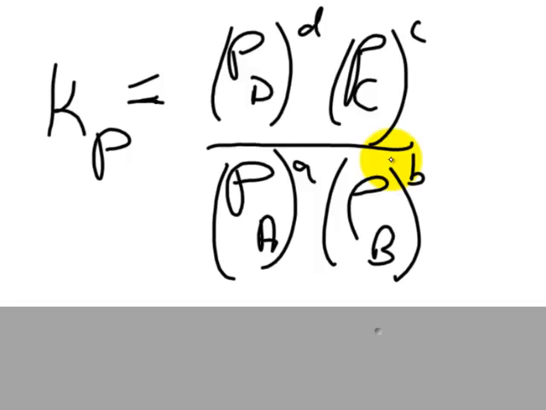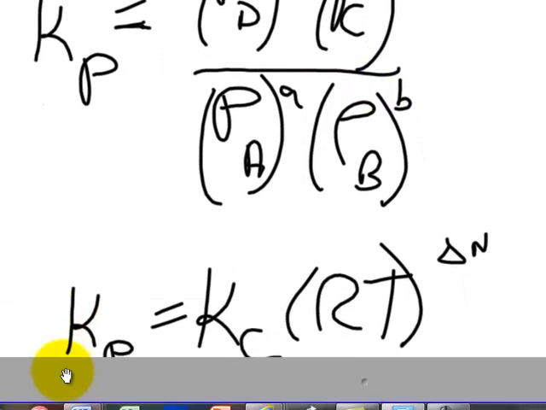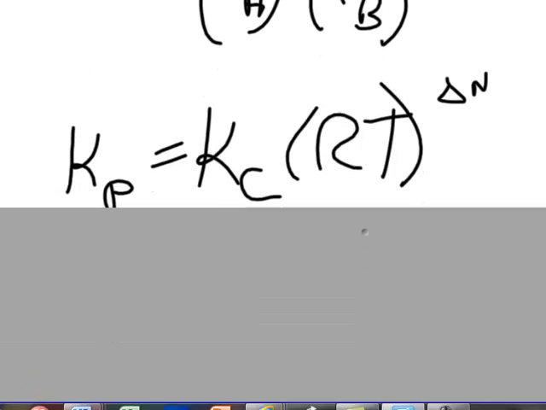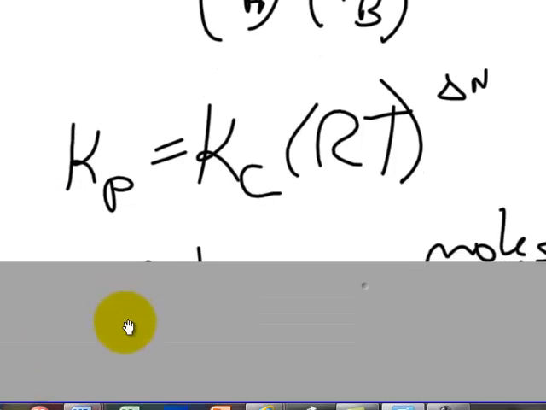But using the ideal gas law, and if you are interested, it's on page 636 of your book, you can derive this equation here, which is Kp, the equilibrium constant for pressure, equals Kc, the equilibrium constant based on concentration, times R, our old friend the gas law R, 0.0821, times the temperature, in kelvins, of course.